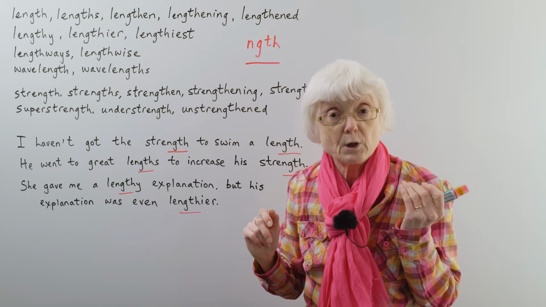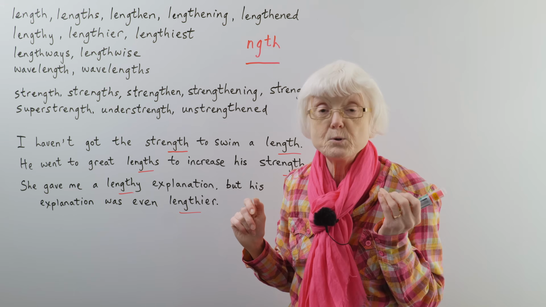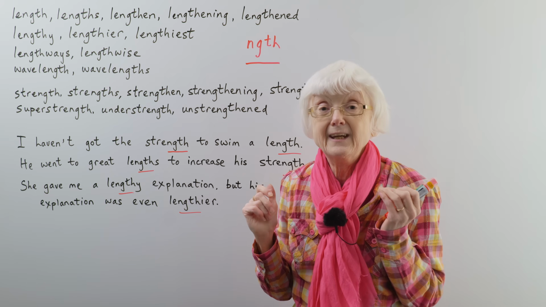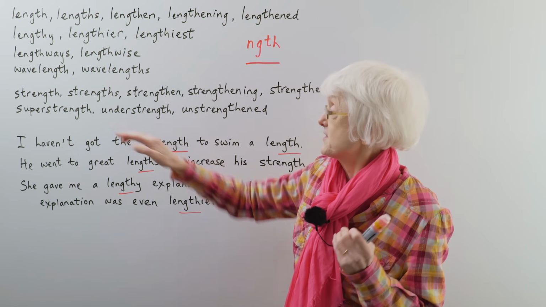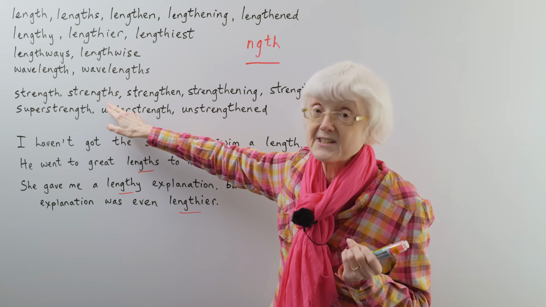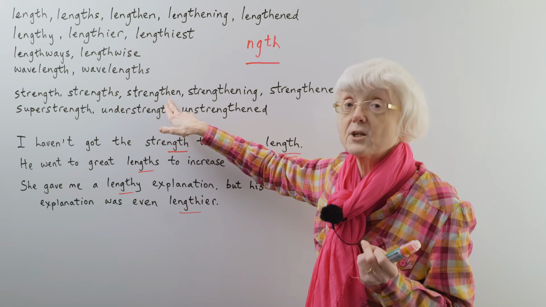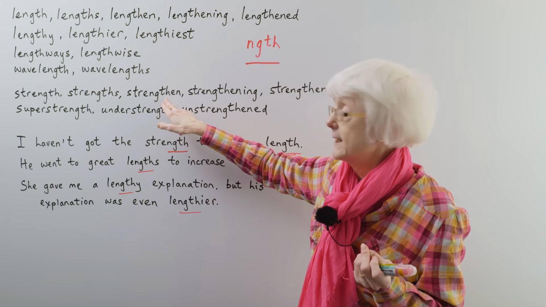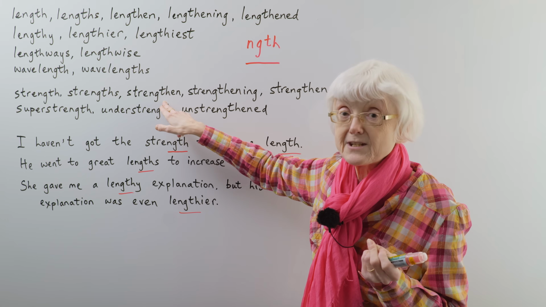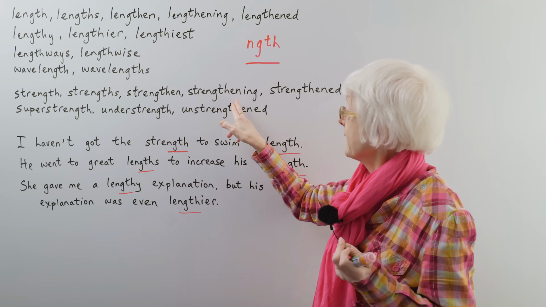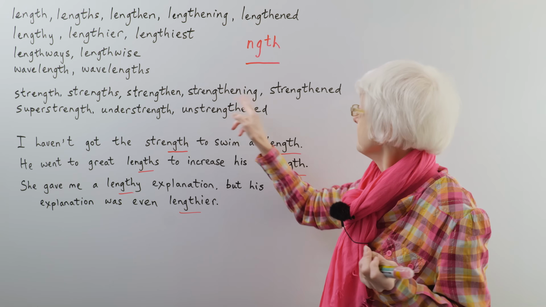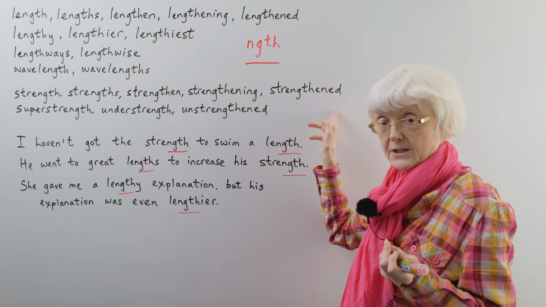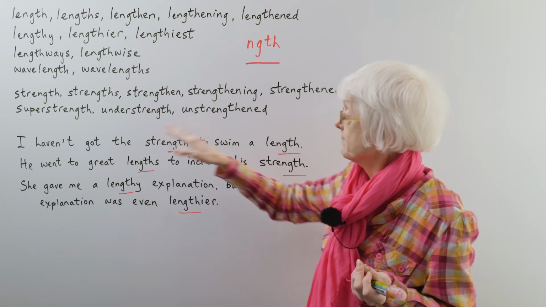Okay, so let's carry on with strength and strengths. If you go for a job interview, they often ask you, what are your strengths and weaknesses? So here's strengths. Strengthen, so the verb to make something stronger is to strengthen it, strengthen, and strengthening, and strengthened. Okay.